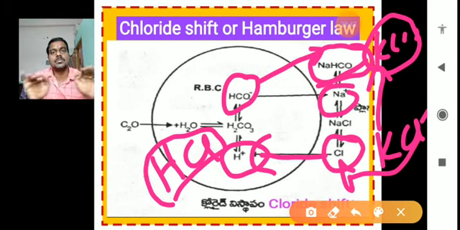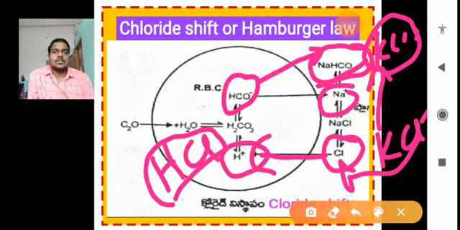So the RBC is neutralized. This is a very important concept. How is this neutralization formed in the blood between the plasma and RBC? By the entry of Cl into the RBC. The entry of Cl into the RBC is very important.